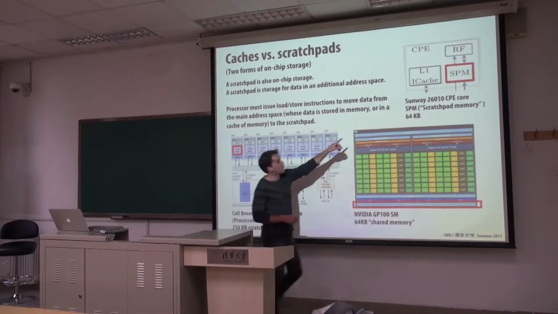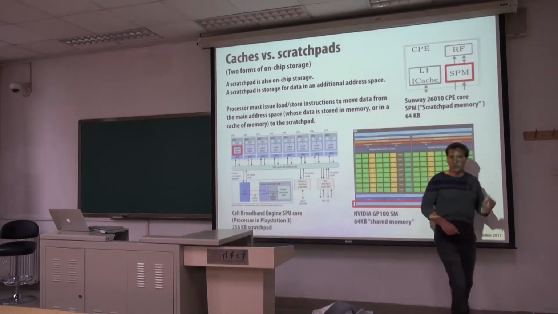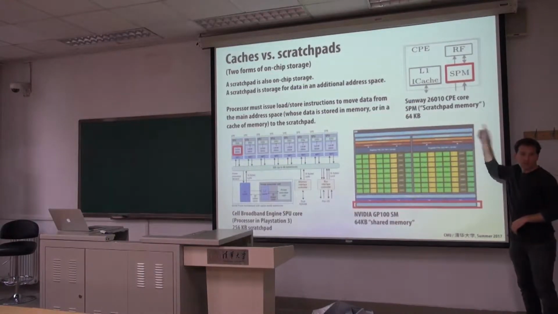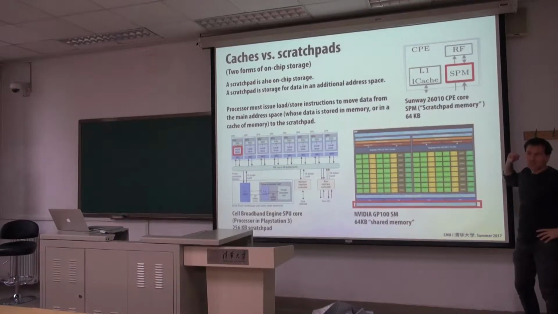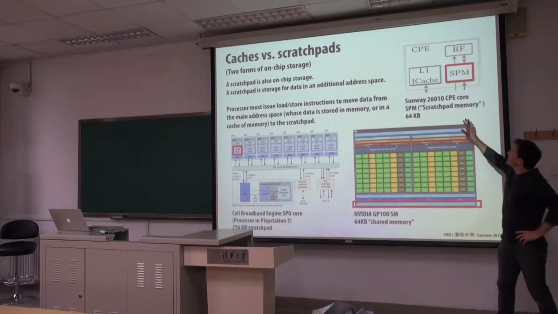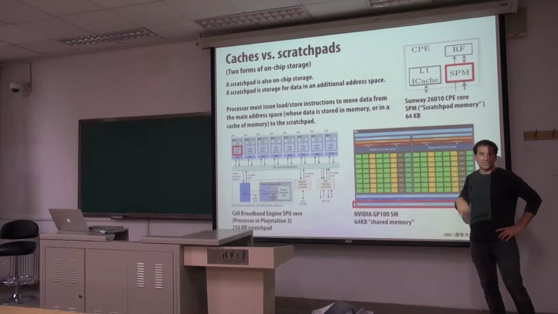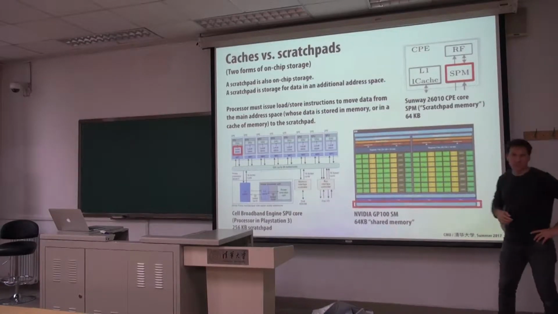And this is the block diagram of the cores in the Sunway processor that's in Taihu Light. There are 260 of these cores per processor. Each one of the cores does not have an L1 data cache. It has an L1 instruction cache, but you can't load and store data from that cache. The cache is just for your instructions.